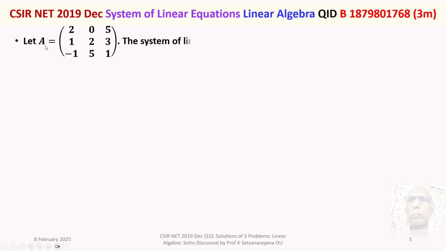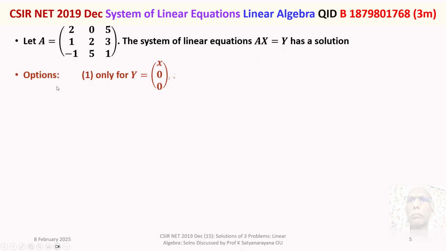The given question is, let A be the 3 by 3 matrix 2 0 5, 1 2 3, minus 5 1 minus 1 5 1. The system of linear equations Ax = y has a solution. We are given 4 options.